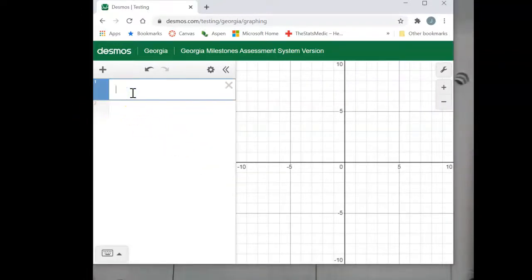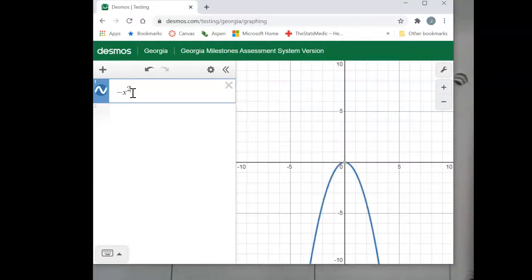So let's put in number 15. Number 15 says negative x, and for square, you're going to use that caret above the 6, squared.